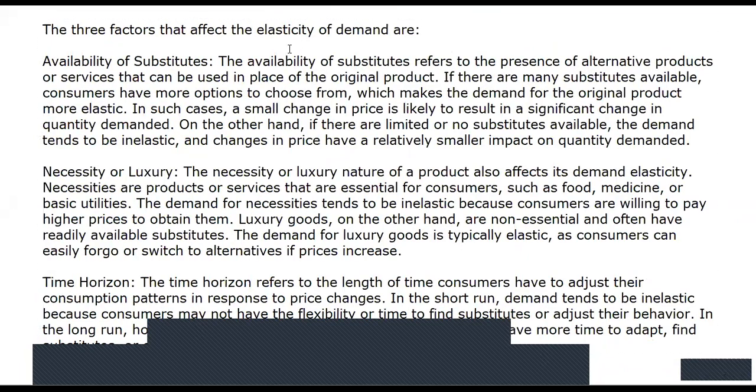So three factors that affect demand: availability of close substitutes. Substitutes refer to the presence of close alternatives in place of the original good that we are looking at. So if there are close substitutes available, consumers have more options, so demand becomes elastic.